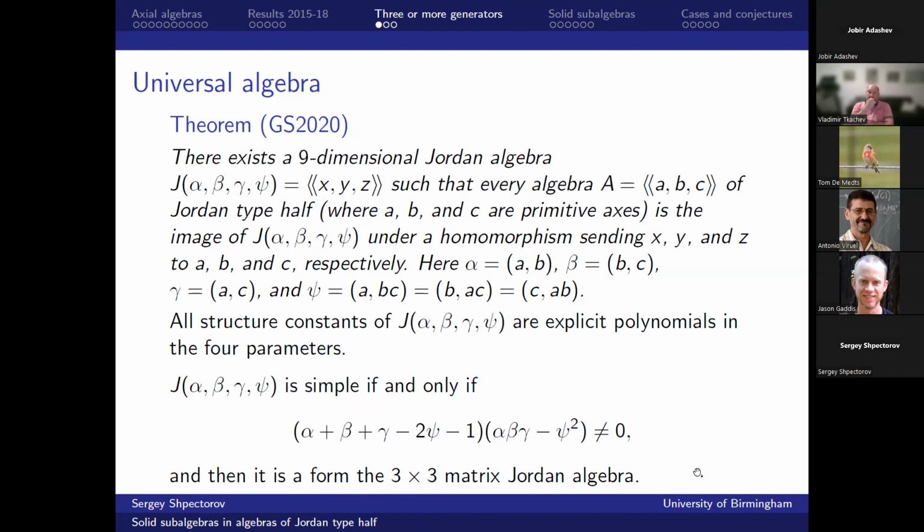And if the field is algebraically closed, it will be the 3x3 matrix Jordan algebra. So they are all Jordan algebras, these examples for three generators. But for some values of alpha, beta, gamma, psi, it's not simple. It has quotients, and in some cases it's not a matrix algebra. It's slightly different. But generically, for random values of the parameters, it is a matrix algebra.